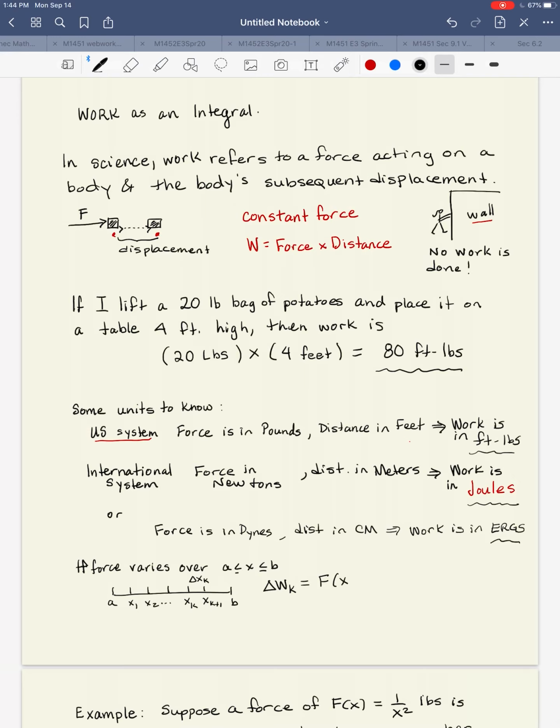Use either the right endpoint or the left endpoint to determine the force. It won't matter because that interval is going to be so small, times the distance that it travels over that interval.